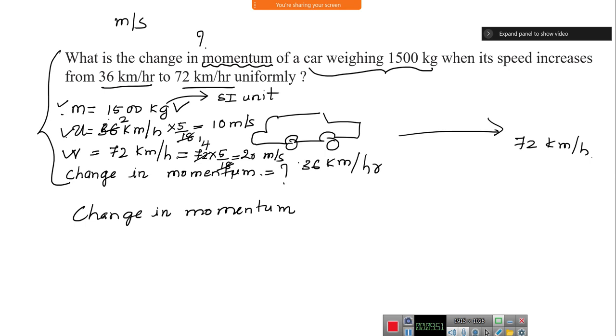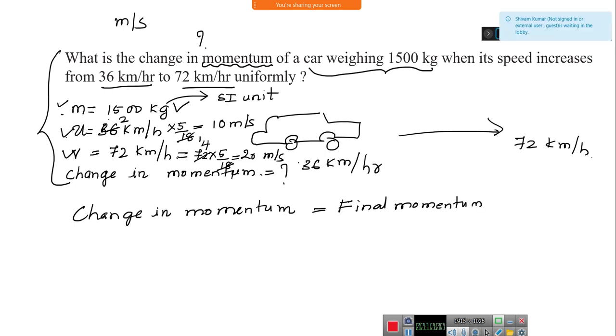So therefore, let me write, change in momentum is equal to, tell me the formula, final momentum minus initial momentum. And what is the final momentum?